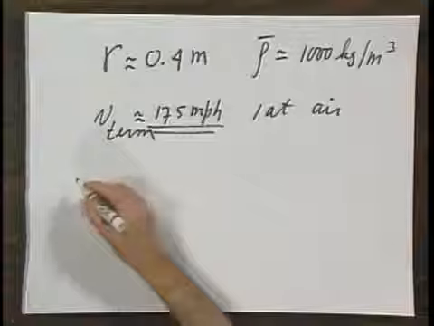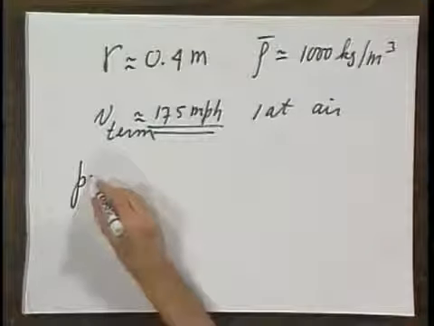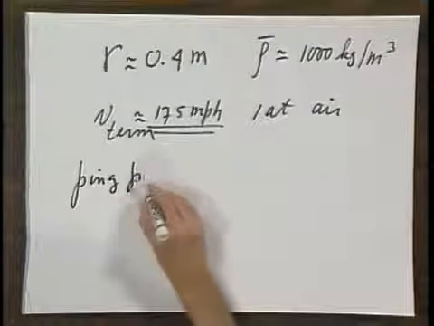I would like you to calculate what the terminal velocity is of a ping pong ball. I have a ping pong ball here. It's a nicely colored one. A ping pong ball has a radius of about 1.8 centimeters, and I weighed this ping pong ball. It weighs about 2.6 grams. So please calculate for yourself the terminal velocity of a ping pong ball.